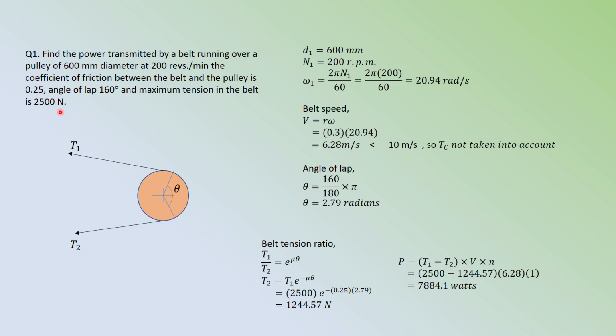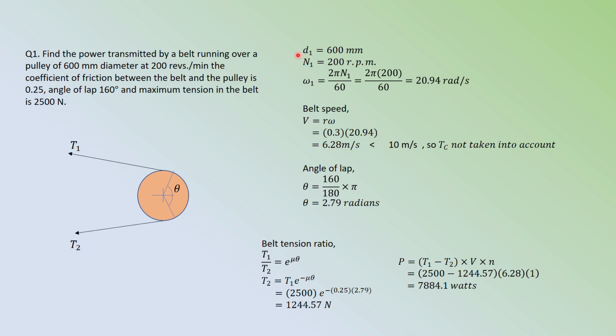Okay, we have T1. So here you have a diagram showing the angle of lap, and then you have the tight side tension and the slack side tension. Given in the question, the diameter of one of the pulleys is 600 mm, and the speed is 200 RPM.